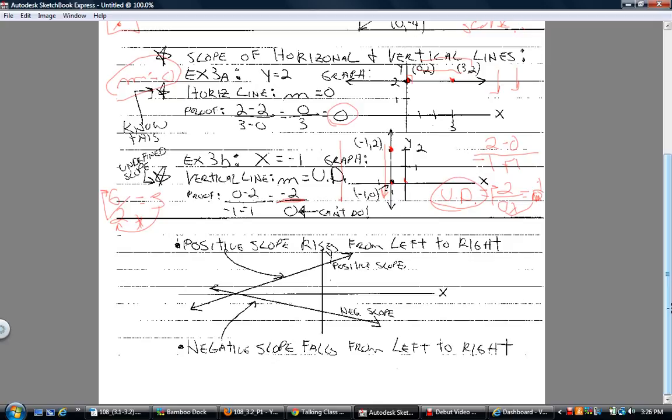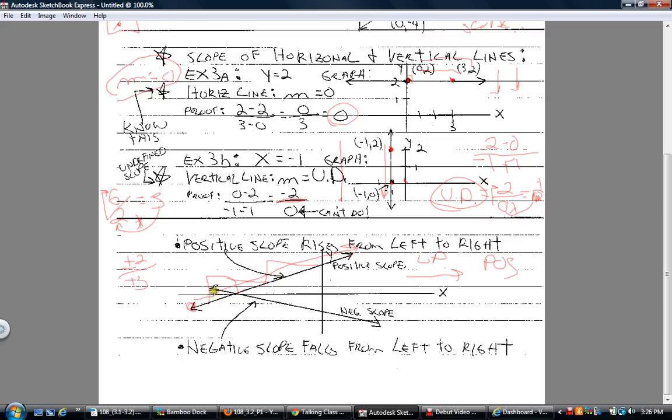Okay, now let's wrap this up here. Last comment here, when you've got a positive slope such as plus 2 over plus 3, rise over run, up over. This is a positive slope, so when you look at it from left to right, if it's going up, it's a positive slope.